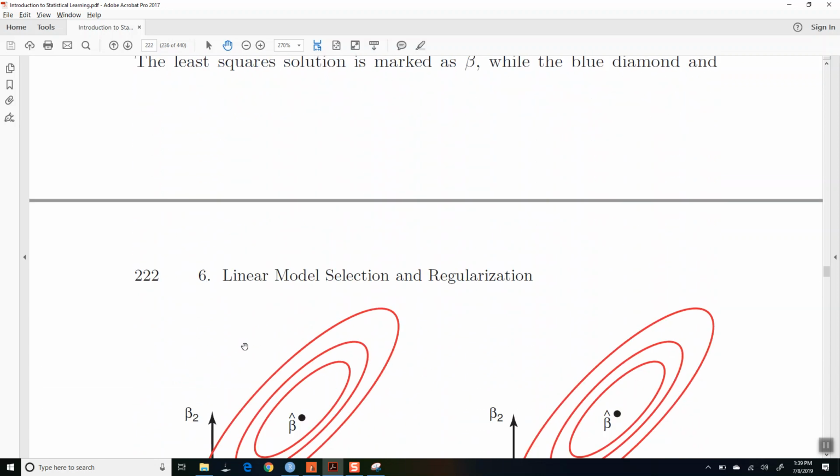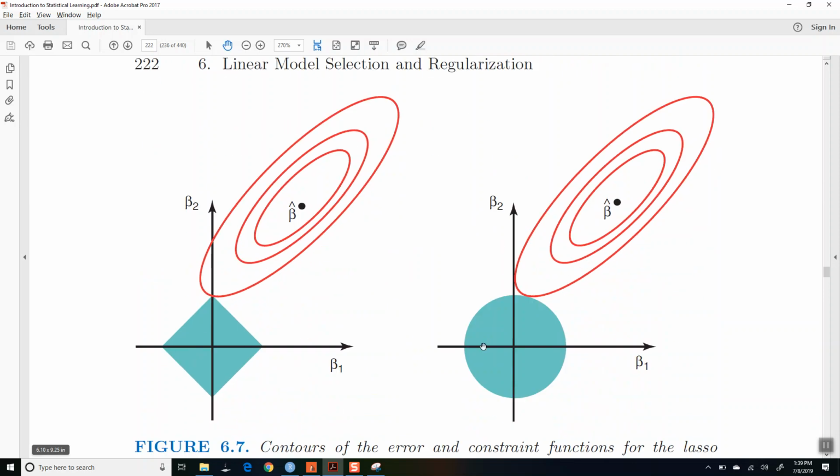Don't worry too much mathematically about this, okay? But this picture shows up on Wikipedia and stuff, and if you're wondering what this picture even means, it's the idea that you're minimizing the RSS, which is going to be this quadratic or ellipsoid type thing, and you're trying to find the minimum, like where's the closest you can get to the OLS solution.